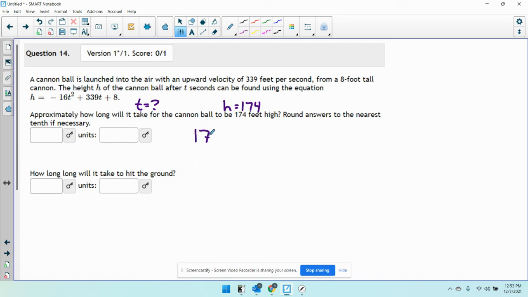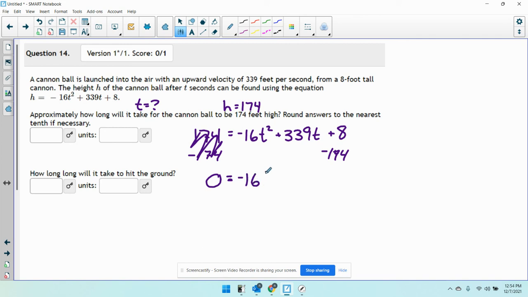So I have 174 equals negative 16t squared plus 339t plus 8. Get this by itself, set it equal to 0, so I'm going to subtract 174 from both sides. So I have 0 equals negative 16t squared plus 339t minus 166.